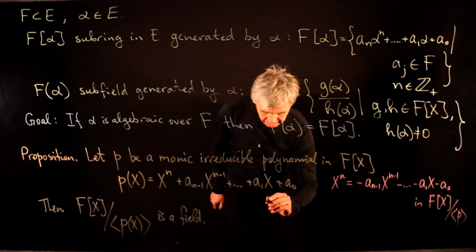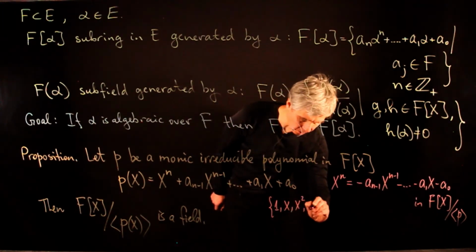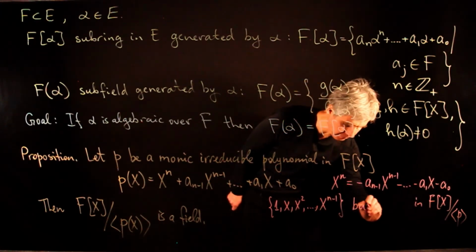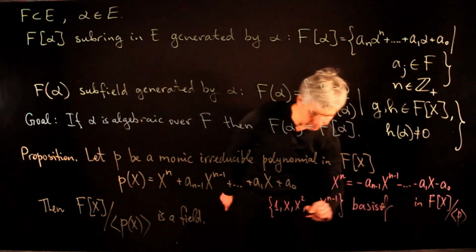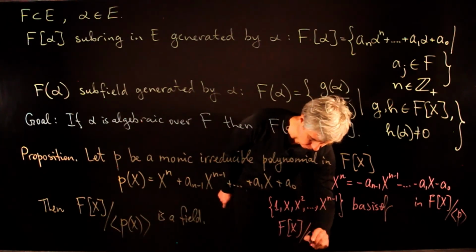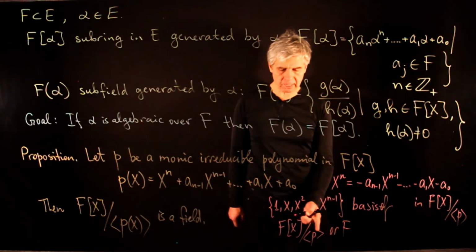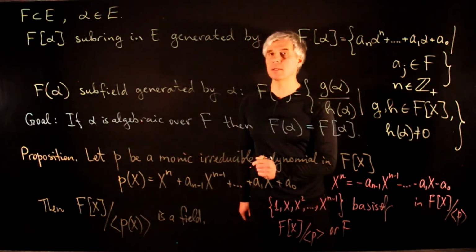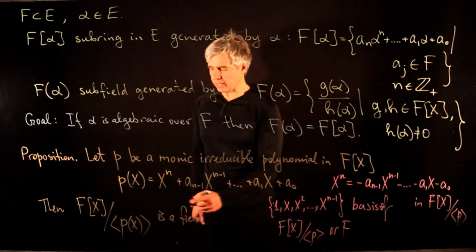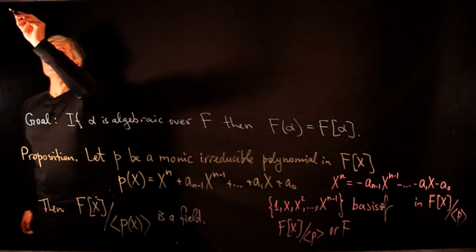From here, we see that the set 1, x, x squared, up to x to the n minus 1, is a basis of the quotient over the field F. And in particular, the degree of this extension is equal to n, the degree of the polynomial p. To prove that this is a field, we need to show that any non-zero element of this quotient is invertible. Let's give a proof of this fact.